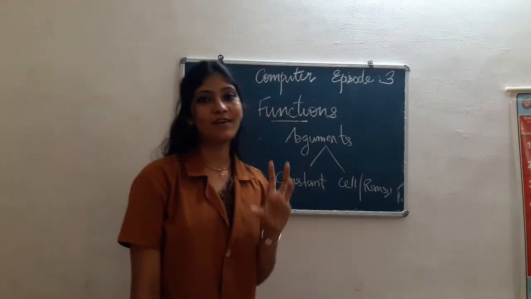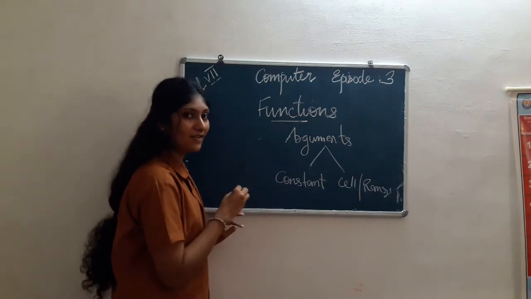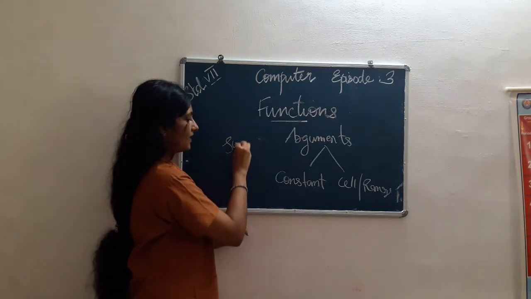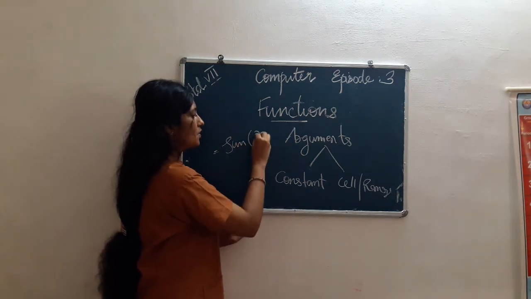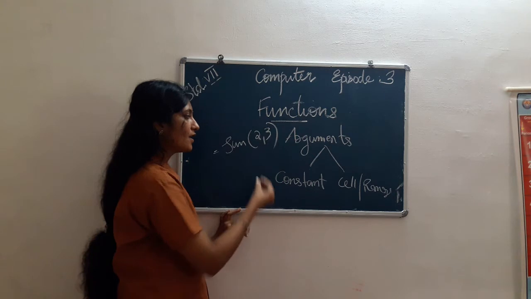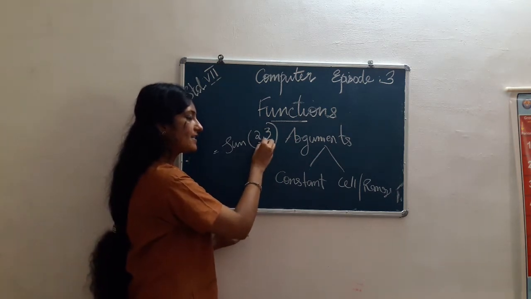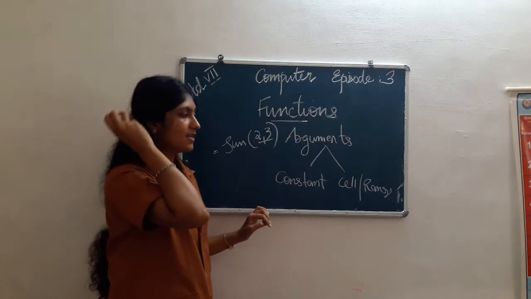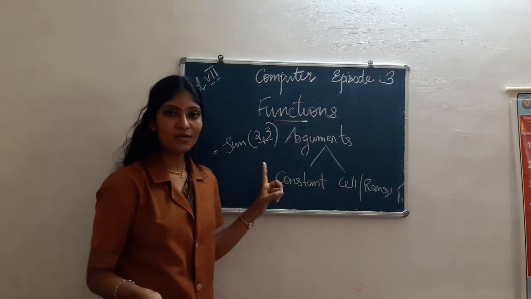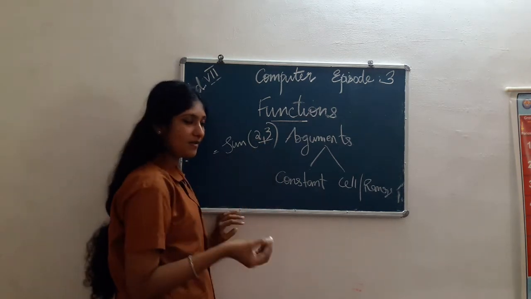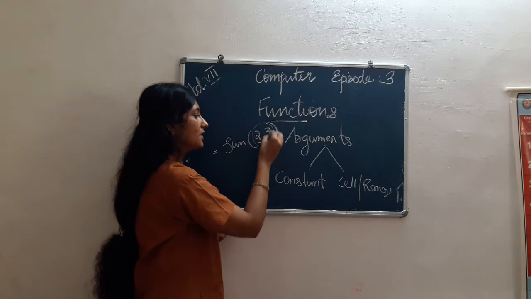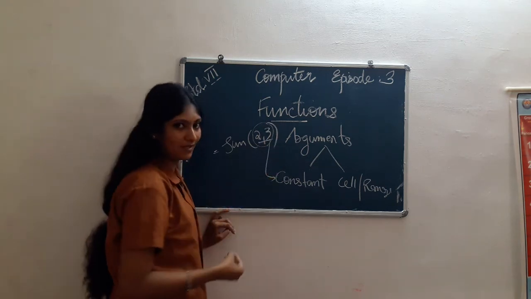Constant means simply the values. For example, in our previous example we saw equal to sum 2, 3. So the arguments here are known as constants. Constant means the values; the number cannot change. So here 2 and 3 are constant arguments.